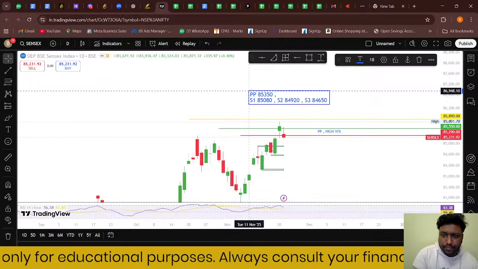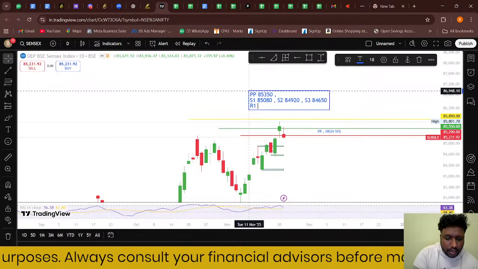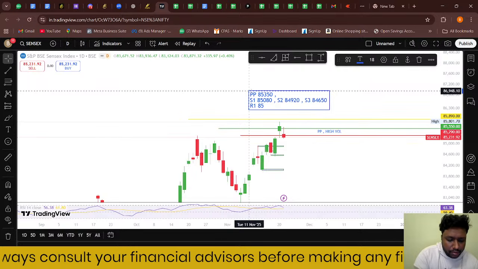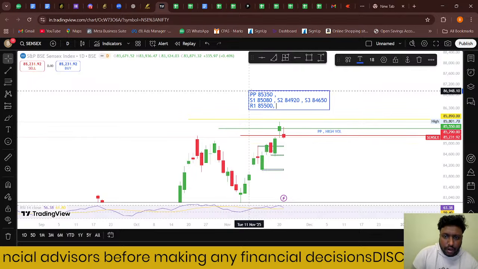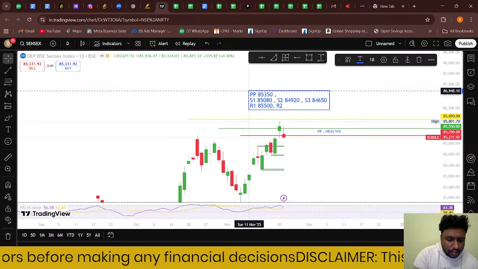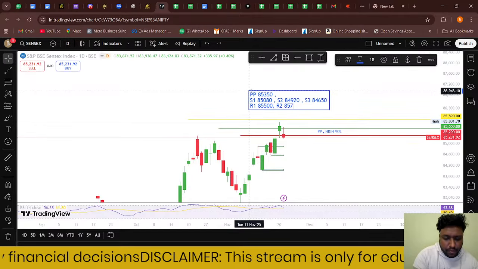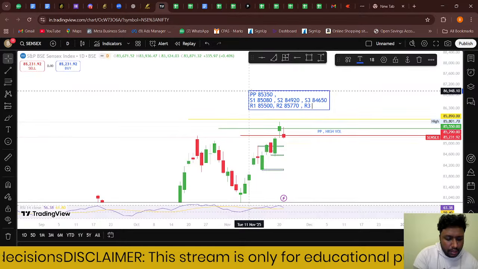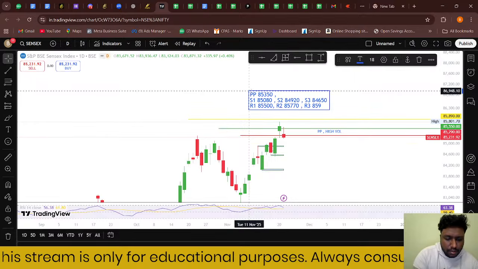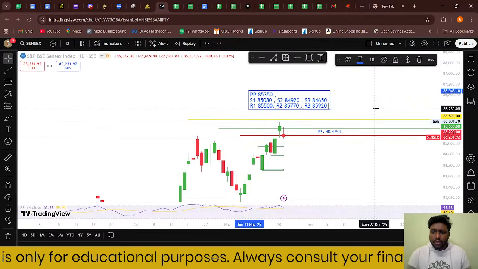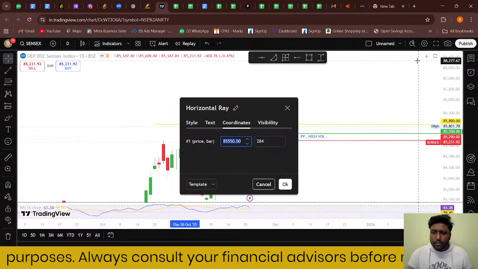So these are the three supports. When it comes to the resistance, 85,500 is resistance 1, R2 lies at 85,770, and R3 at 85,920. So these are the support and resistance zones with respect to our pivot line for the day.